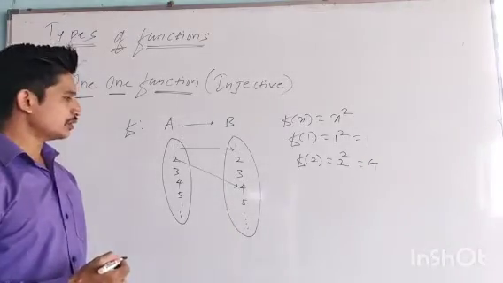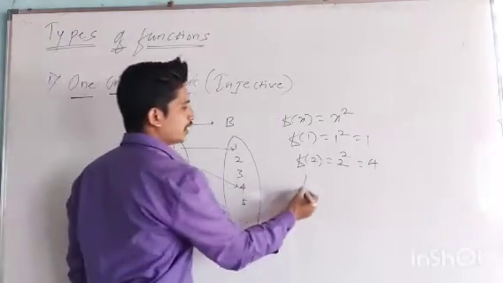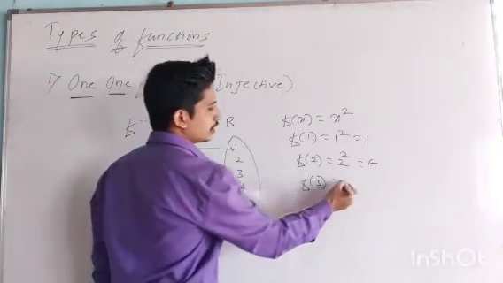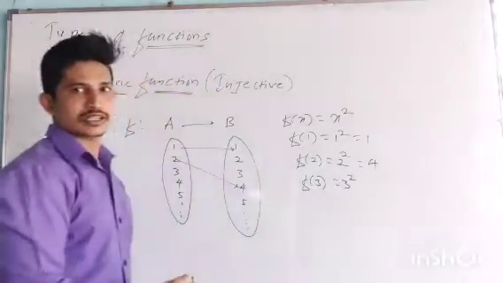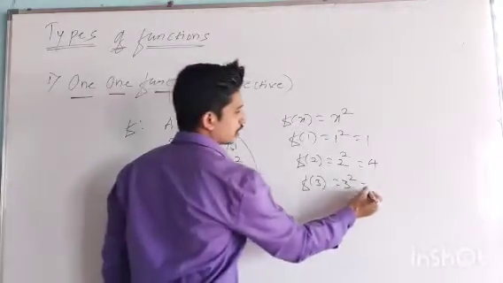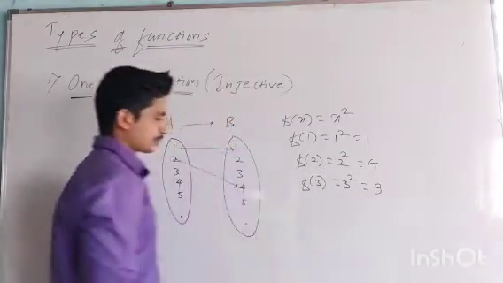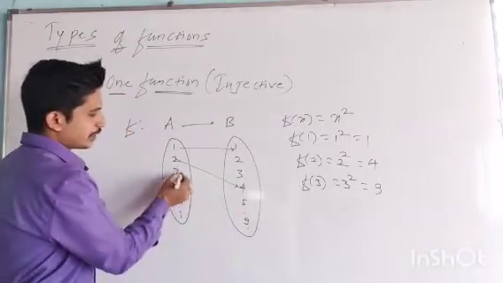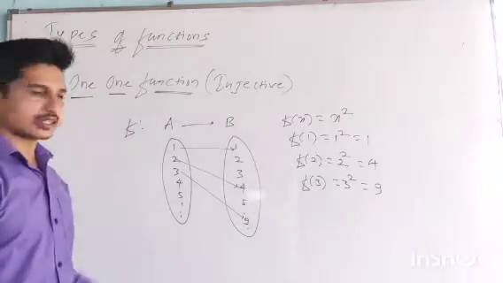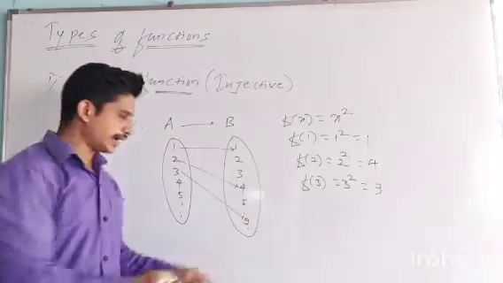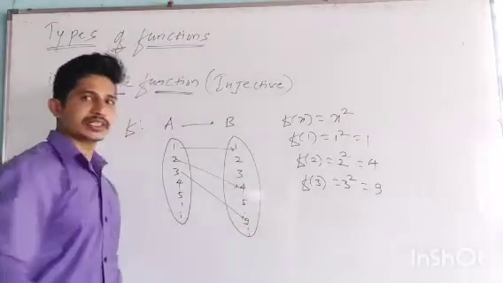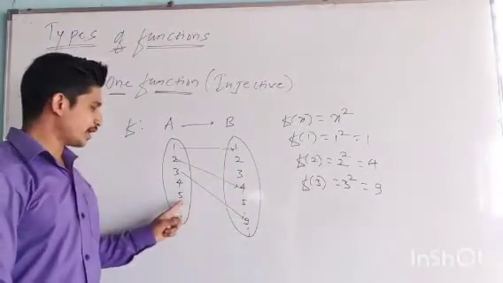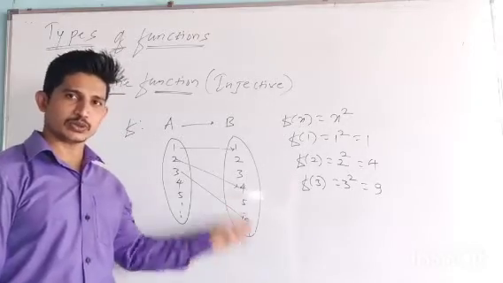Similarly, f of 3 is 3 square, which is 9. So 3 is paired to 9. 4 will pair with 16 and so on. 4 is paired to 16, 5 is paired to 25 and so on.